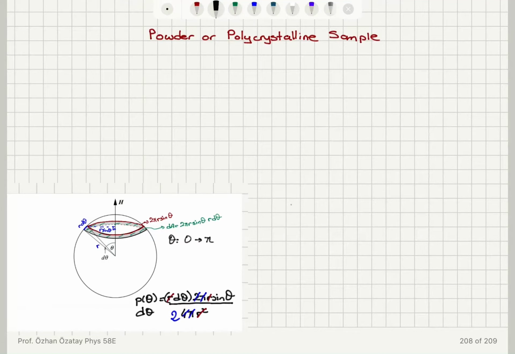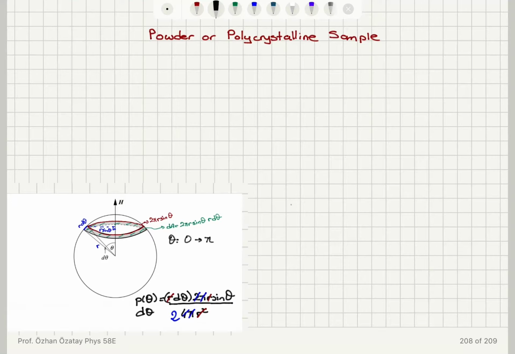After analyzing the longitudinal and transverse susceptibilities of antiferromagnets, now we will look at the case of polycrystalline samples or powder samples. So in these samples, all angles with respect to the field are allowed.